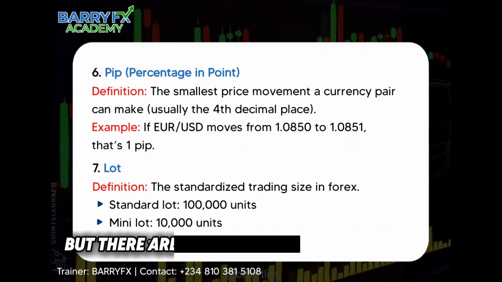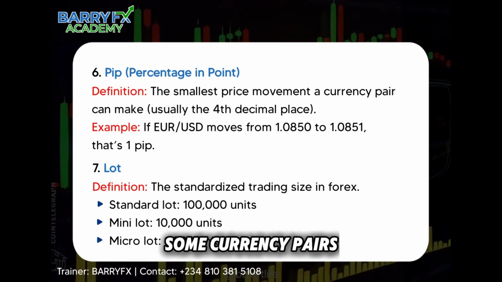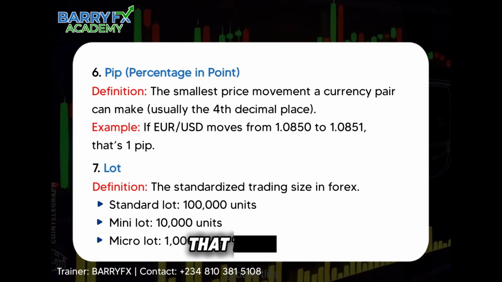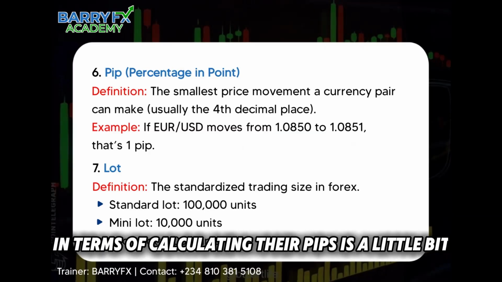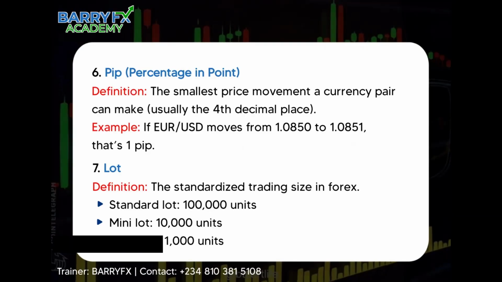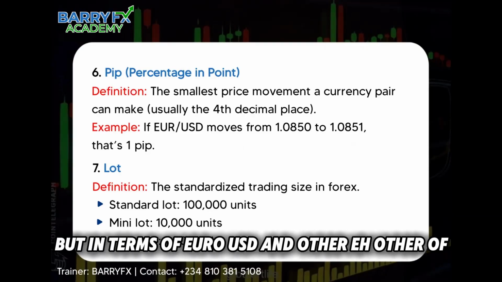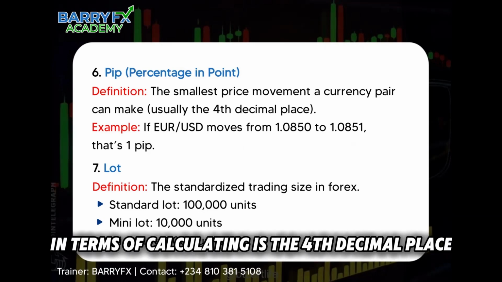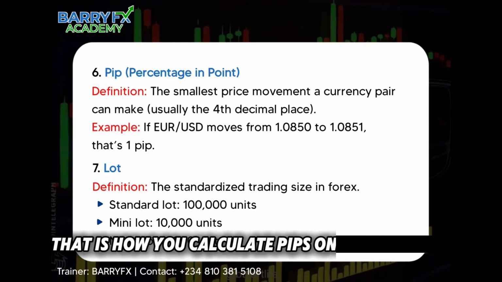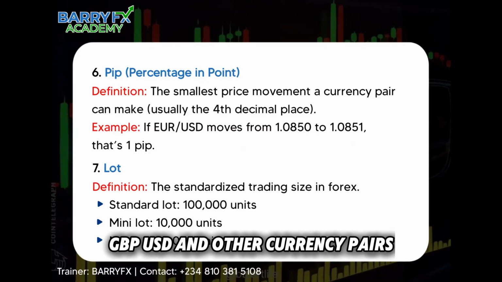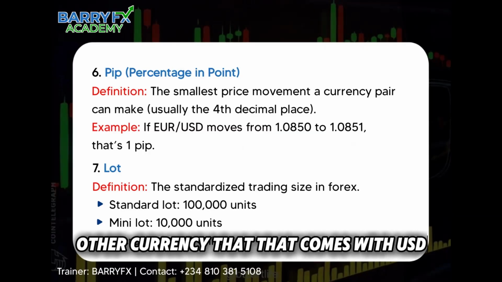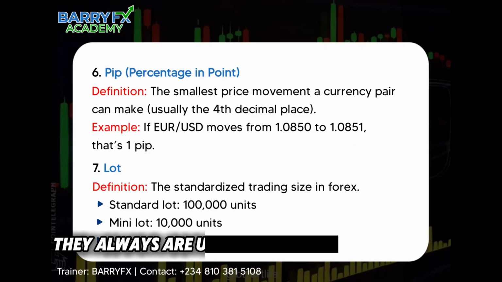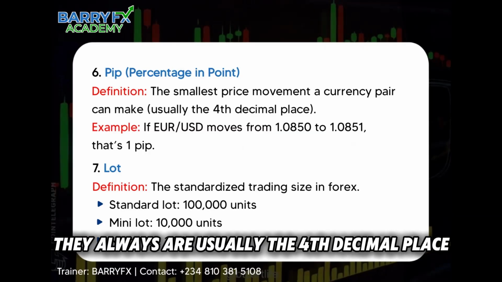There are some currency pairs whose pips, in terms of calculation, are a little bit different. But for Euro USD and other currency pairs like GBP USD, and other currencies that come with USD, pips are usually calculated at the fourth decimal place.